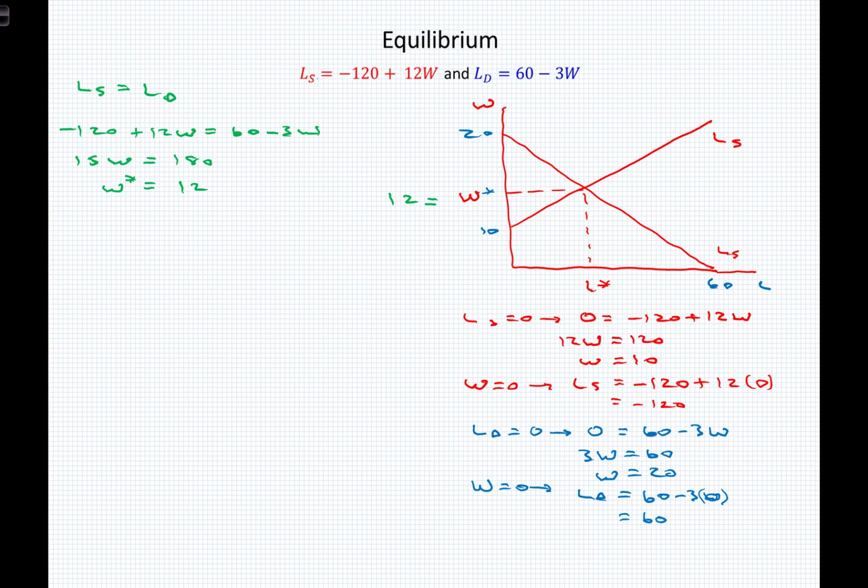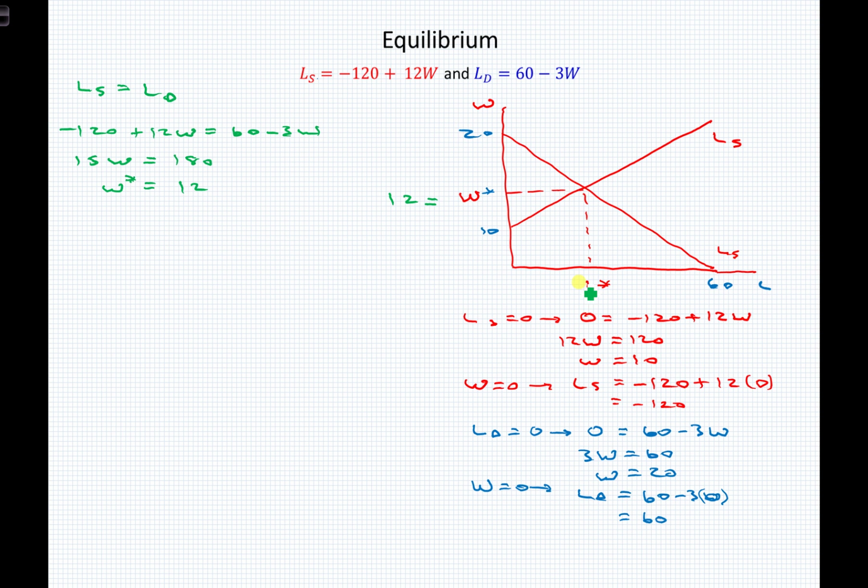Well, now that we have that value, we have to think, how do we find L star? We're not going to set the two equations equal to each other again. If we took this new W star value of 12 and plugged it into labor supply, it would give us the labor supply value. If we then take W star and plug it into labor demand, it'll give us the labor demand value.